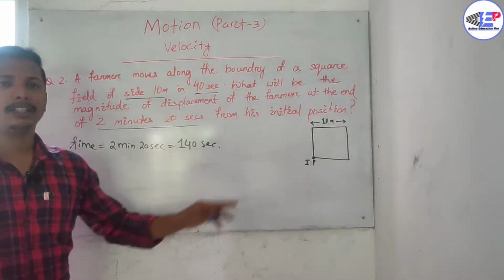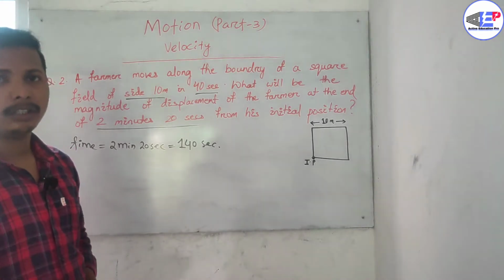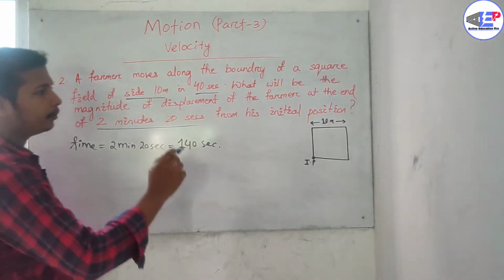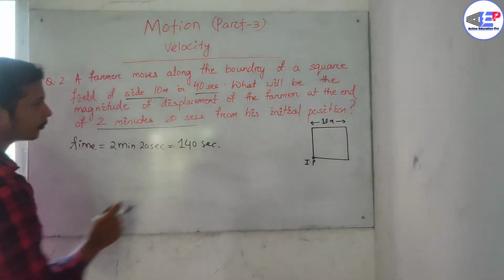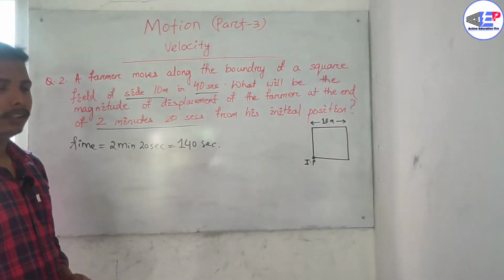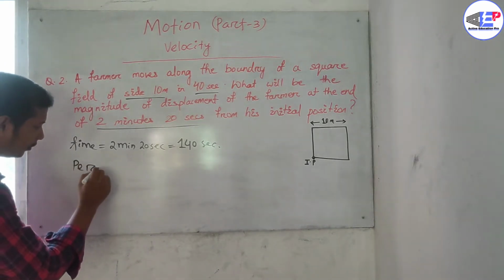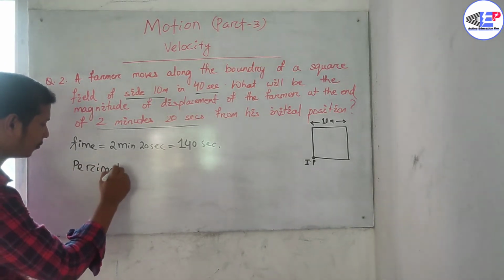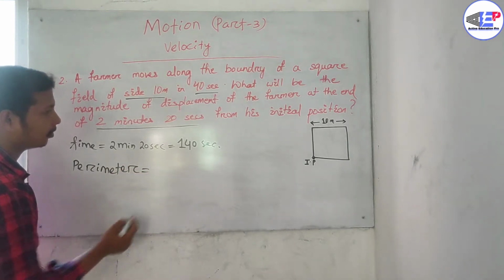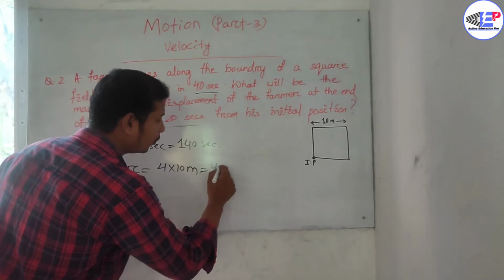Here given that the side of a square field is 10 meter. So its perimeter will be 4 into 10 meter, which will be equal to 40 meter.